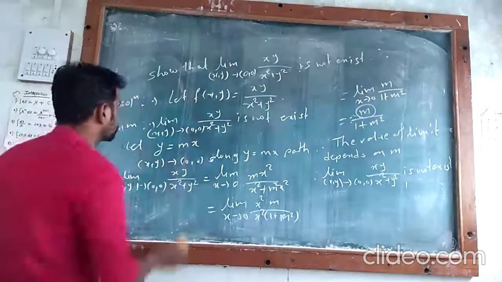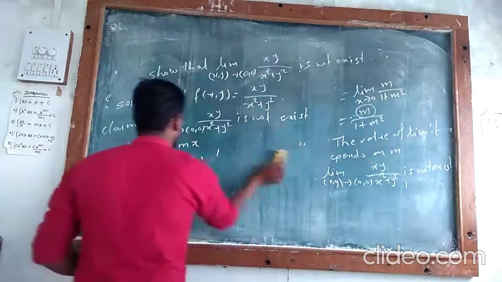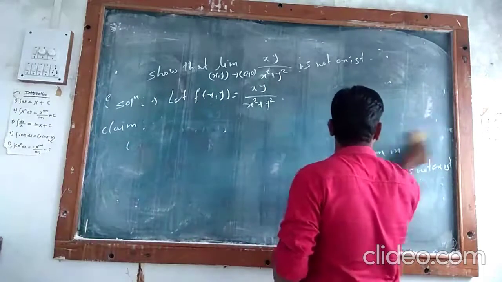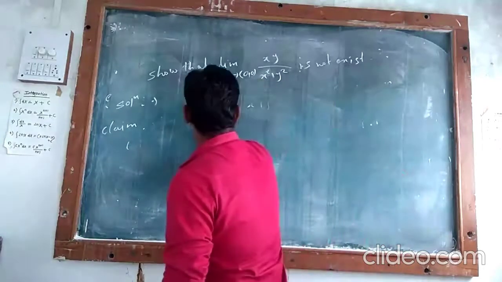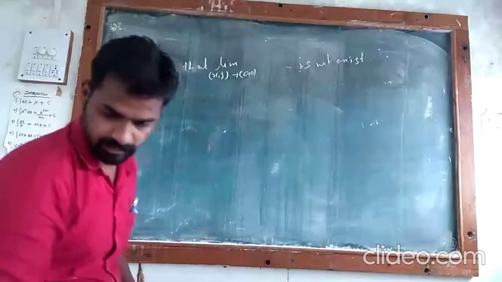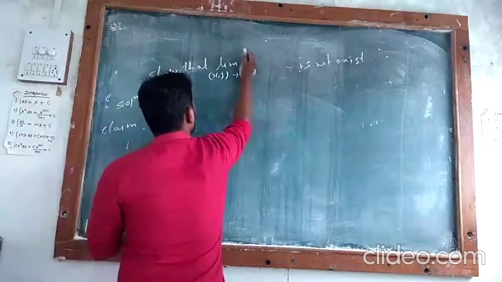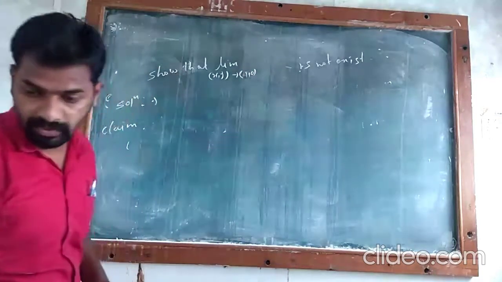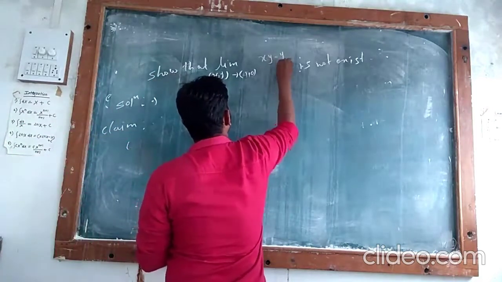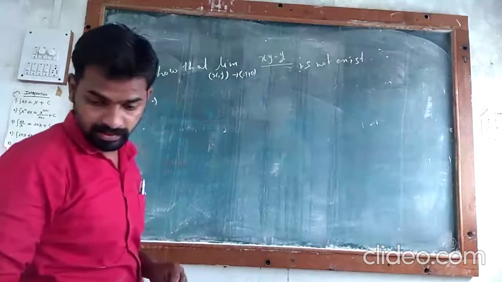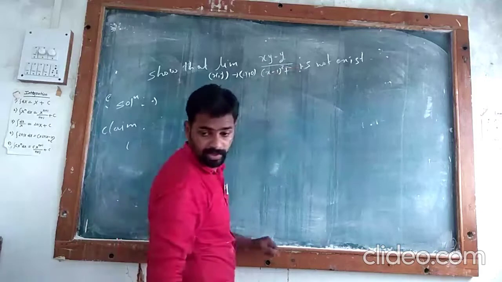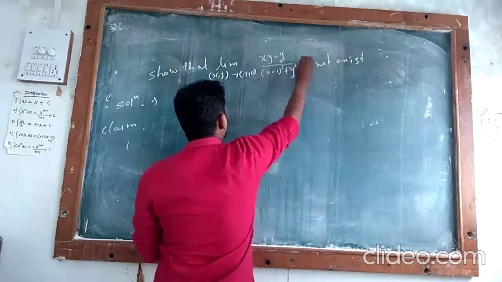Okay. Now, next example. Same example: the limit as (x, y) tends to (1, 0) of (x minus 1) y upon (x minus 1) square plus y square.